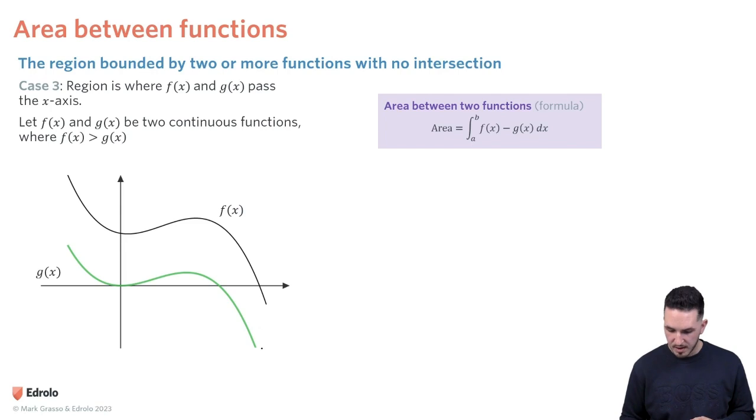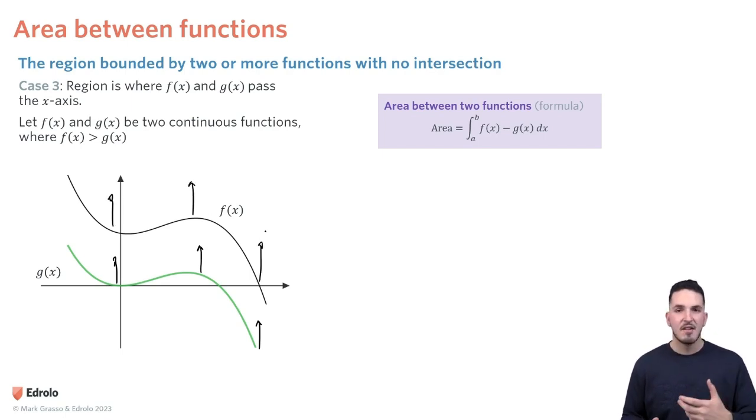For example, we could shift them by k units, let's say 3 units. As long as we shift both functions up by 3 units, the area between them will still be the same. Therefore, we don't have to worry about the negative area in this case, because we've got two separate functions.